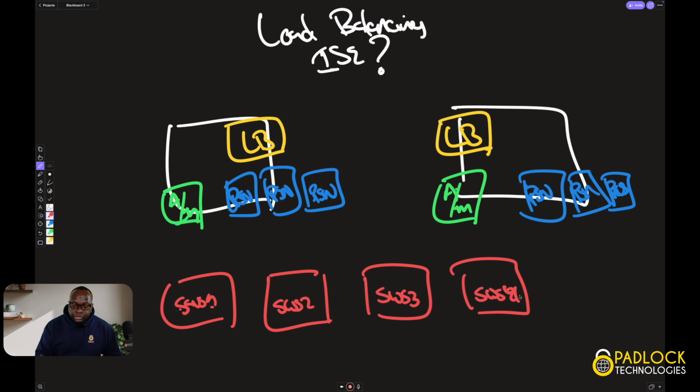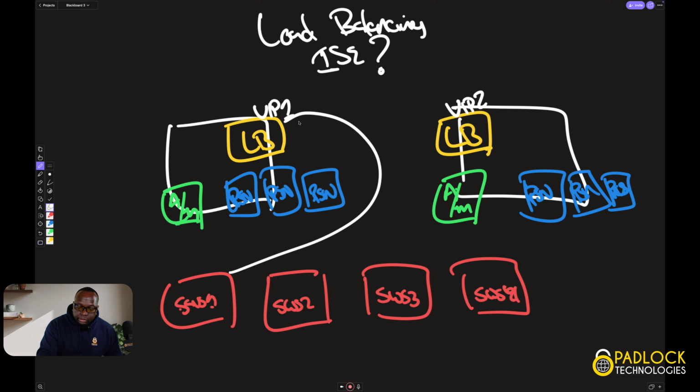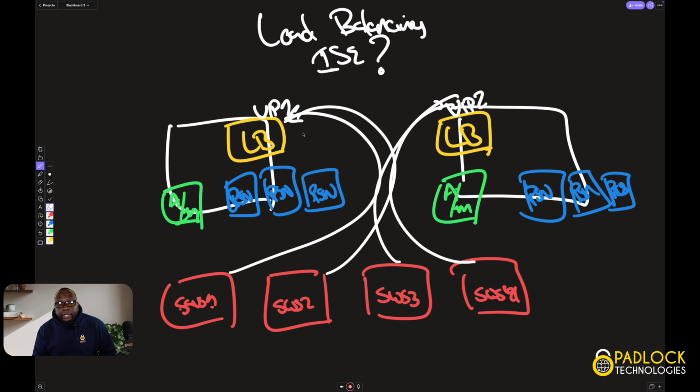In this situation, you would have a VIP. So this would be VIP number one, virtual IP, and VIP number two. All you would do is send your RADIUS and TACACS configuration, or RADIUS and TACACS, to the VIP, and then the F5 would distribute those amongst the PSNs.